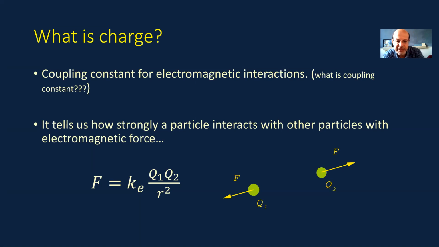And there are additional coupling constants for strong and weak forces. You have probably heard about these, but we don't teach them in high school or in general courses, since these forces are a little bit more complicated. So we don't talk about their coupling constants, but there are coupling constants for the other two types of forces as well. Okay, so this is what it is.